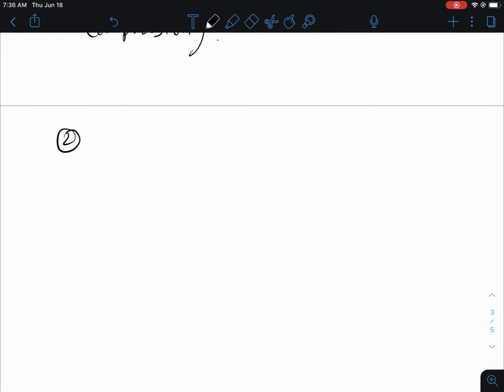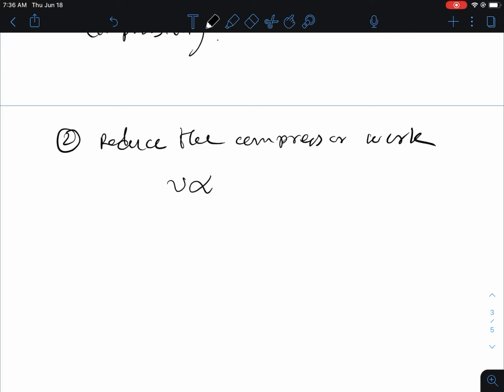Another way to minimize the compressor work is reducing the compressor input. For the working fluid of a compressor, we know that the relationship between the specific volume and temperature is proportional.